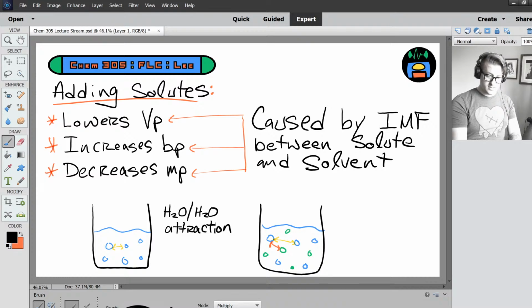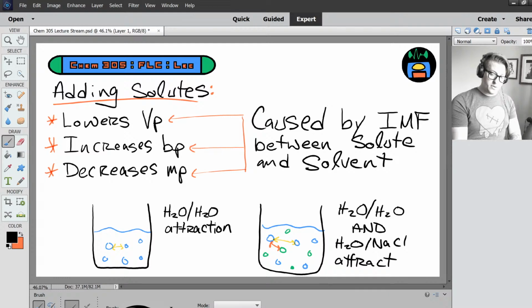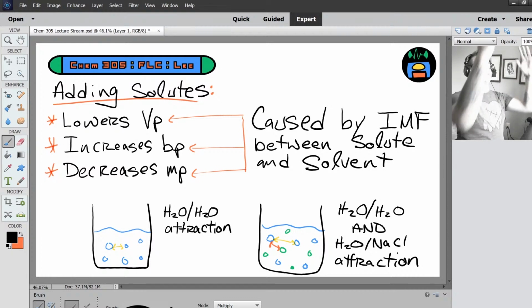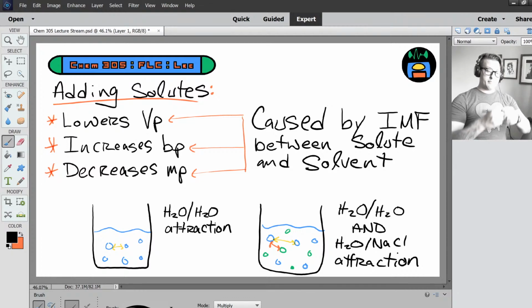So there's still the attraction between water and water, but we also have the attraction between water and sodium chloride. And so when you think about boiling, you're talking about having the water leave the liquid phase, go into the gas phase. You have to have enough energy to pull apart not only all the water-water attraction, but also the water-solute attraction that's going on. So it takes more energy, which is why the boiling point is higher.